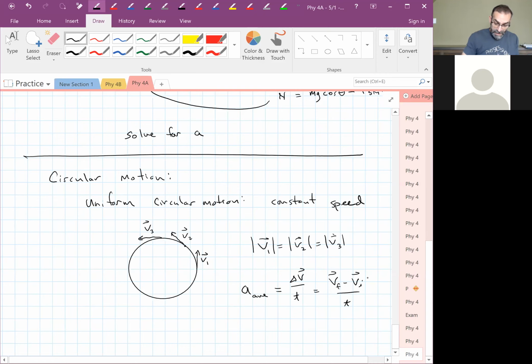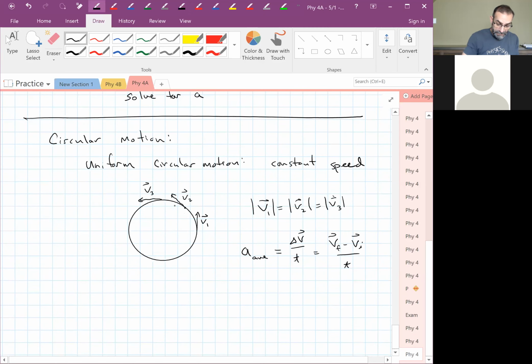So if we're going from 1 to 2 here, v2 minus v1, what is the opposite of v1? It would be this vector right here. And what is the acceleration? The acceleration points this way.